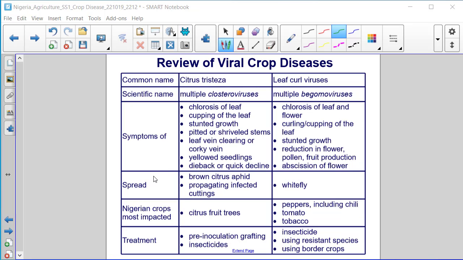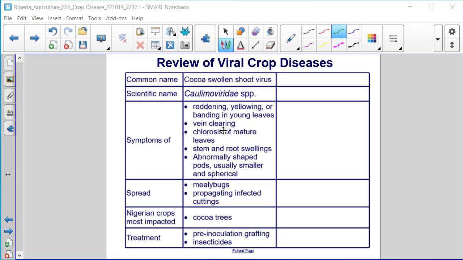We also discussed in detail citrus tristeza with its symptoms, spread, citrus fruit trees most impacted, and treatment. Leaf curl viruses, symptoms, spread, crops most impacted, and treatment. And finally, we discussed the cocoa swollen shoot virus with its symptoms, spread, most impacted crops, and treatment.